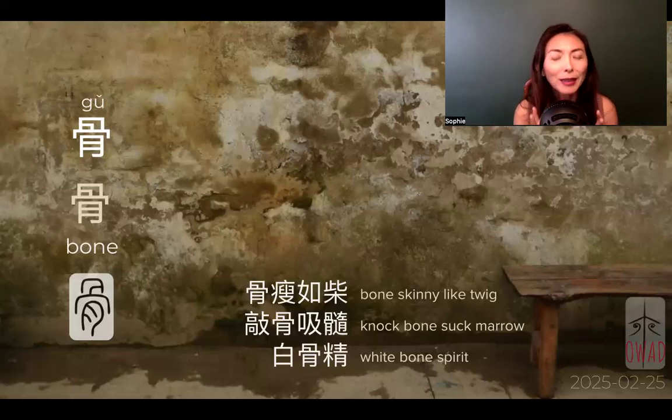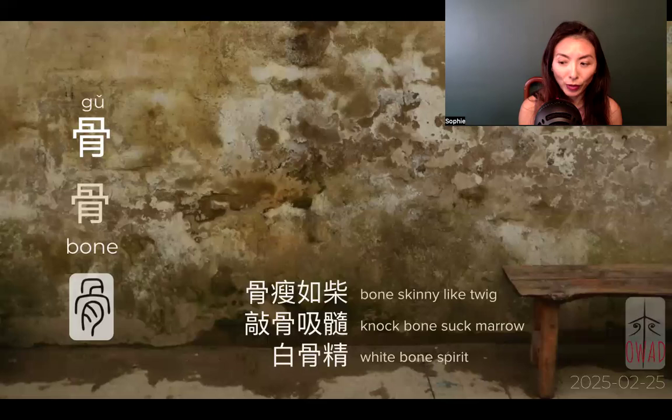It's a bloody image almost, to describe someone who is going to 敲骨吸髓, meaning take advantage of other people to the last bit that you can get from them. It's not exactly a positive term.